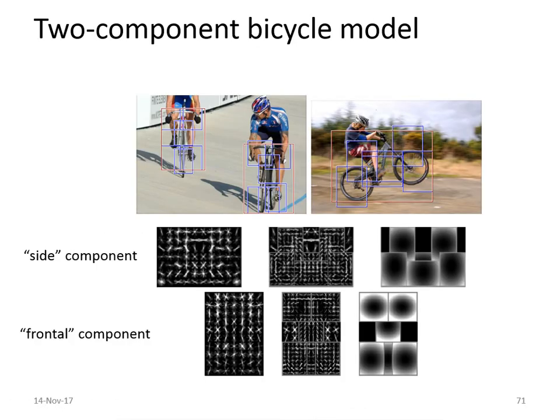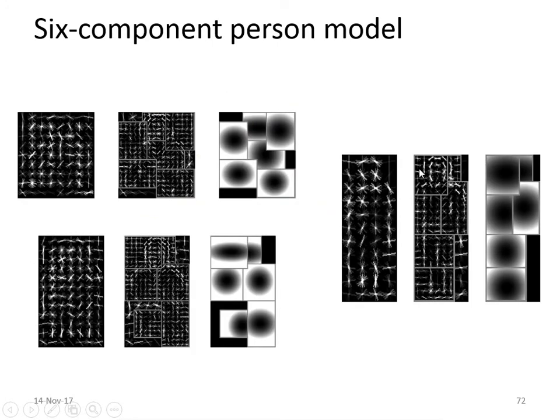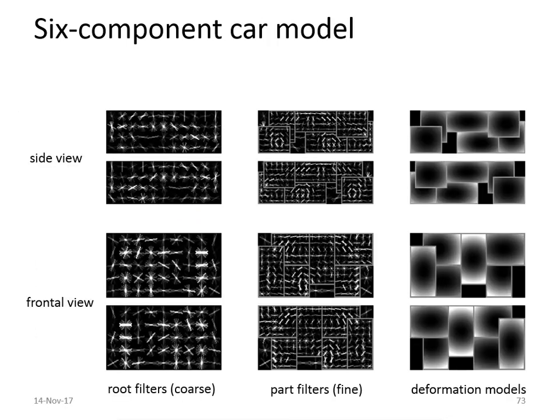Of course, the frontal detector will be very different from the side detector, because they look totally different. So basically they are detecting two different things, the frontal view and the side view. That's again just another model. You can also have car models, let's say.